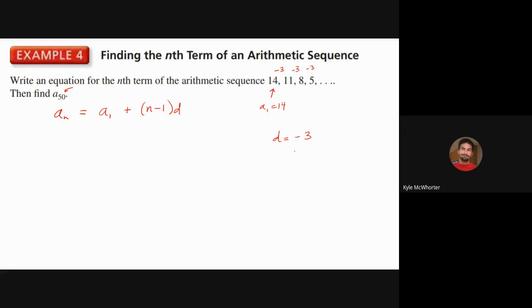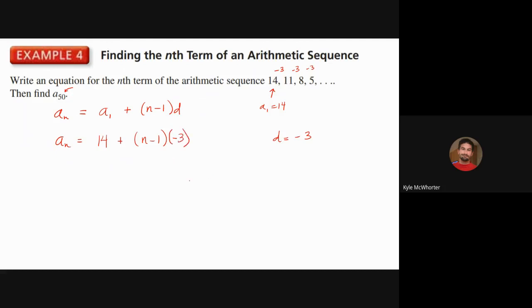Okay, so let's find the formula. So our formula is like this. A sub n equals A1, the first term. So my first term is 14, plus n minus 1 times my common difference, which is negative 3.